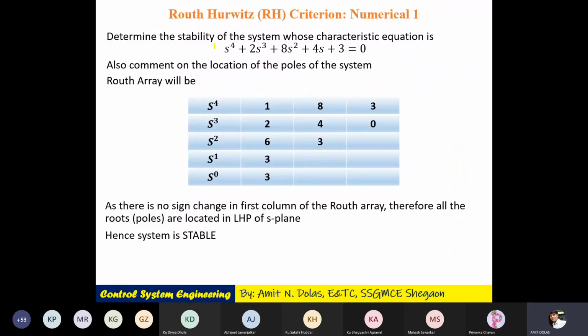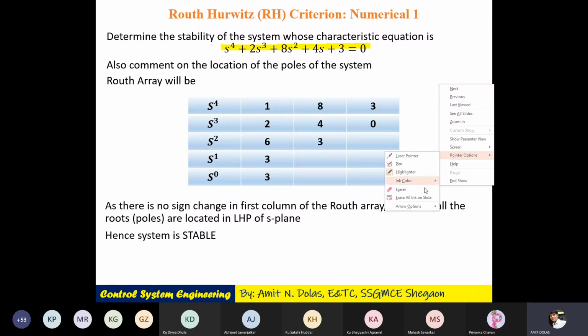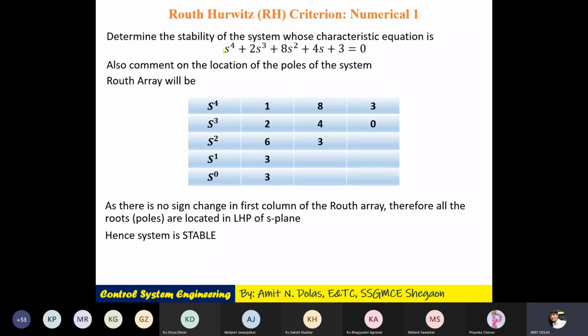I'll go through it. So this was the characteristic equation provided. Then what we do, we go for S to the power 4, the highest degree, then S to the power 3, S to the power 2, S to the power 1, S to the power 0, and write these down. Then we go alternately: first S to the power 4 coefficient, then S to the power 2 and S to the power 0, so it will be 1, 8, 3 are the coefficients.